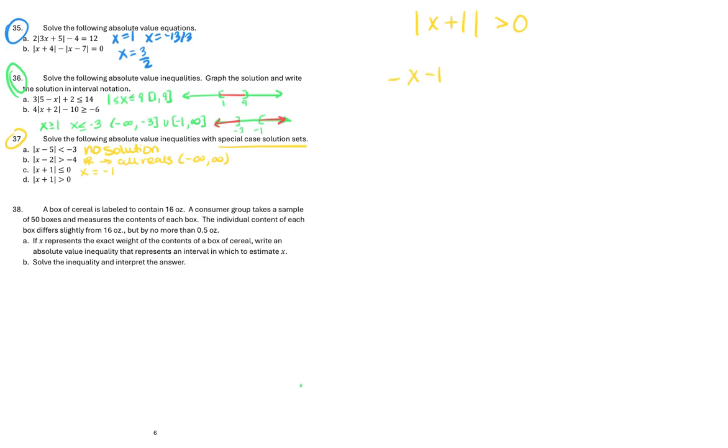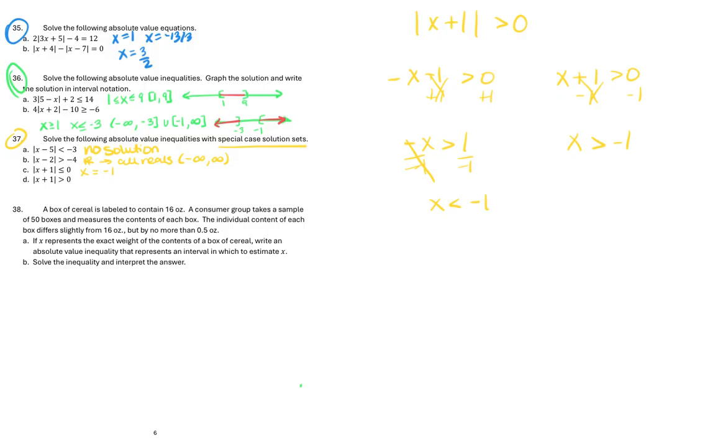So we'll do the negative and the positive. x + 1 is greater than 0, so we can add 1 here, and then we have -x is greater than 1. And we also have -1 here, and we'll have x is greater than -1. We'll divide by the negative, and we'll have x is less than -1. So now we have -1.